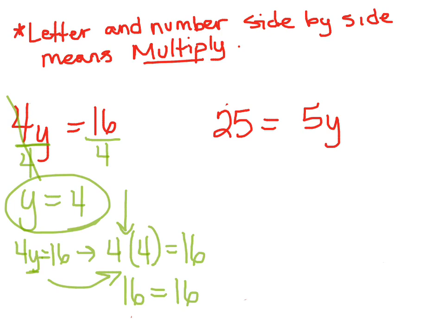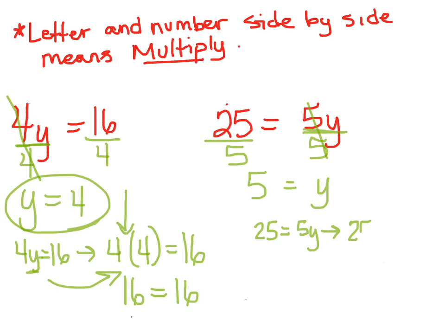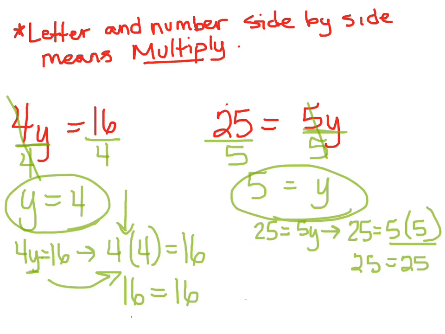Okay, so I wrote the same kind of problem, but I flipped it, and I put 25 equals 5y. Well, this is multiply, so we're going to divide, and then come over here and divide 25 by 5, leaving y by itself. 5 will go into 25 5 times, so y equals 5. 25 equals 5y, so let's substitute it in. 25 equals 5 parentheses 5. 5 times 5 is 25. 25 equals 25, so that means y equals 5.